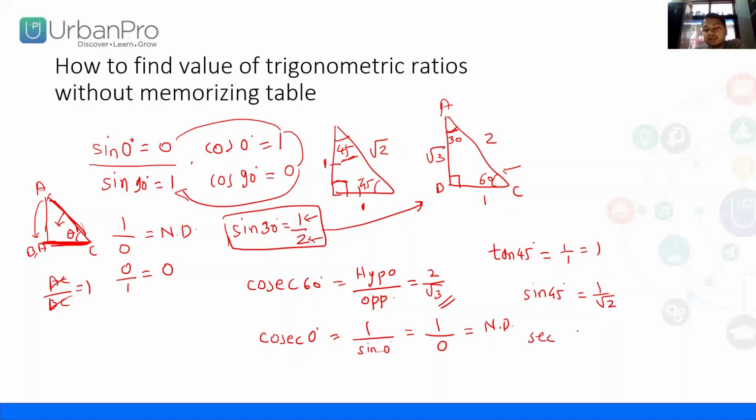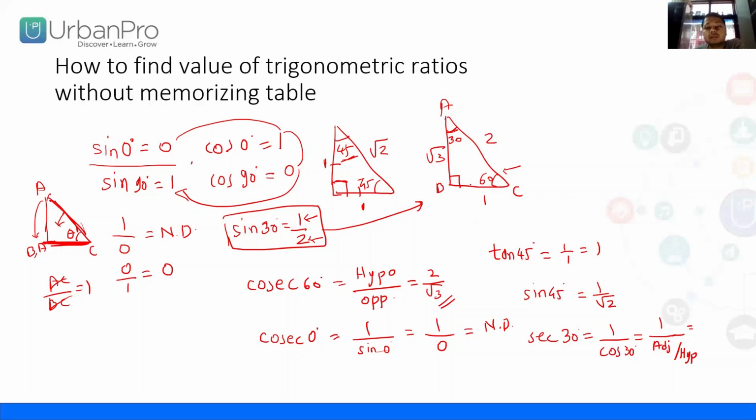If anyone asks sec 30°, what is the formula for sec? It's basically 1 upon cos 30°, right? So 1 upon cos. The formula for cos is adjacent upon hypotenuse.